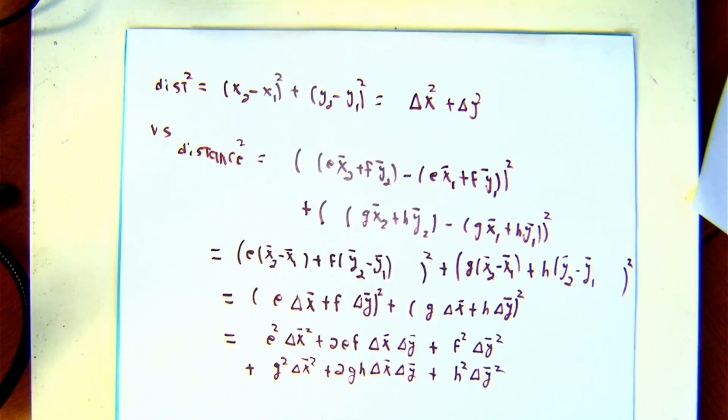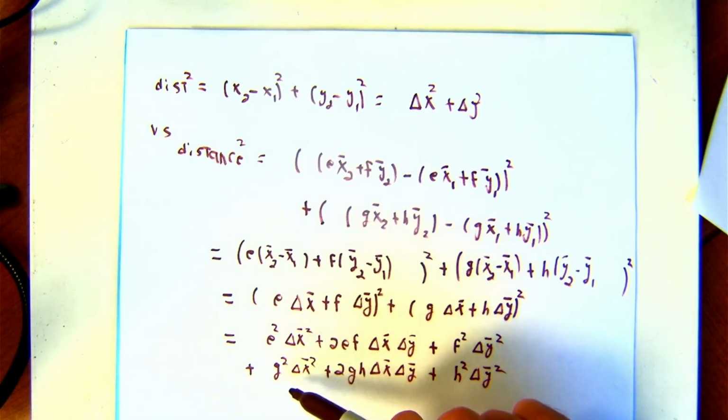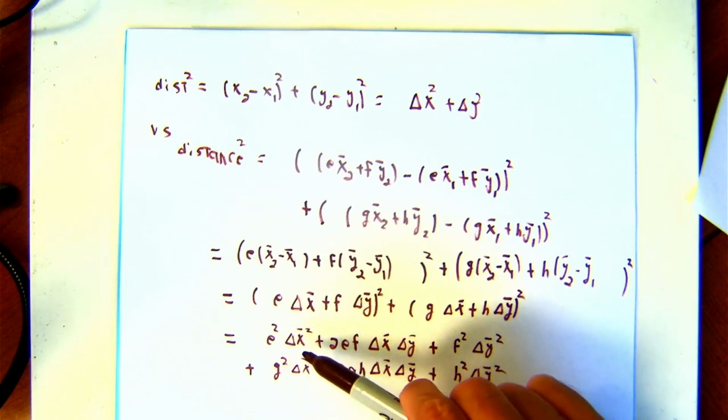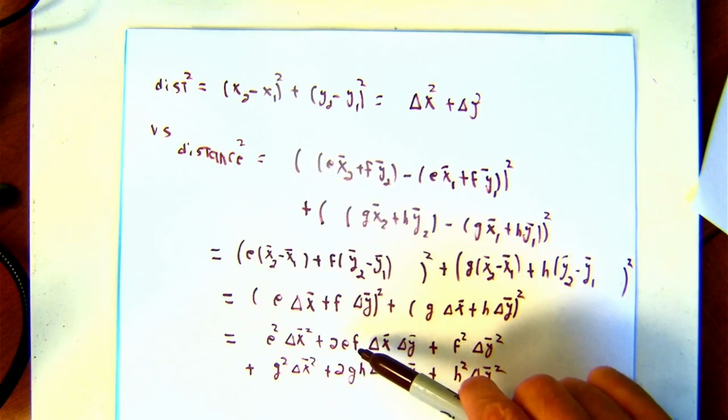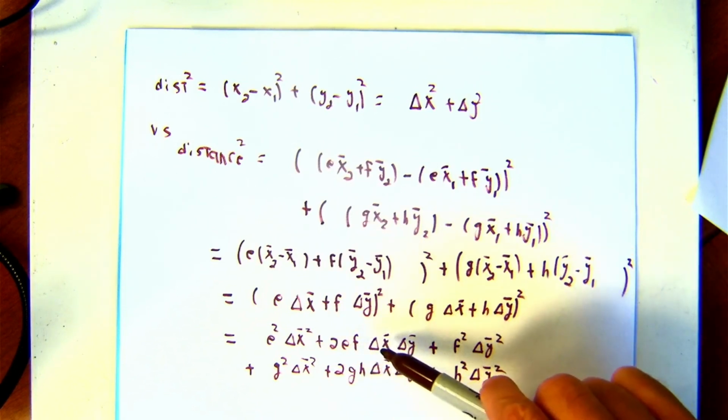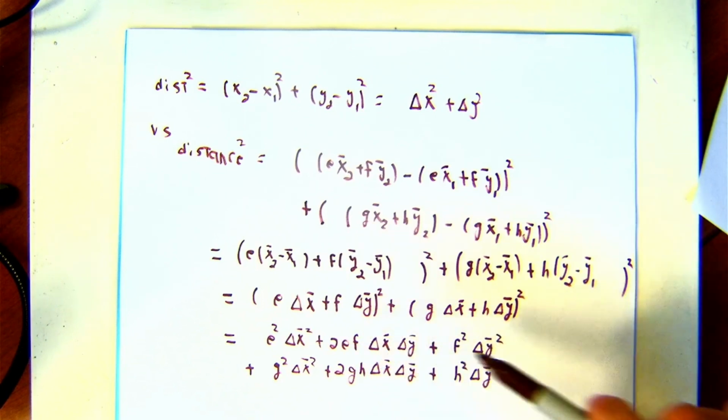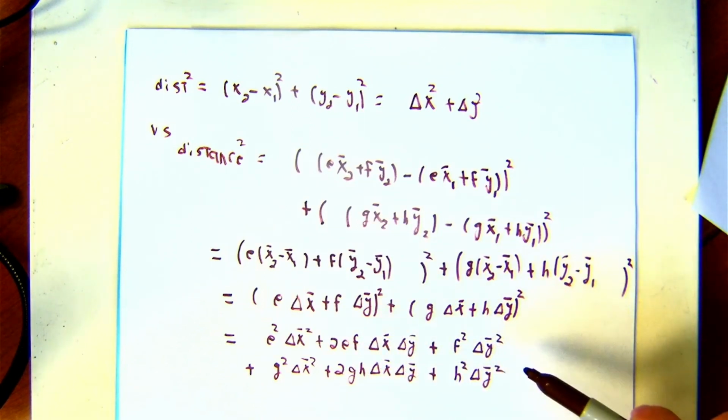This looks pretty bad, but again, we'll be able to combine some terms. There will be an e squared plus g squared delta x bar squared. There'll be 2ef plus 2gh multiplied by delta x bar delta y bar. There'll be f squared plus h squared times the square of delta y bar.